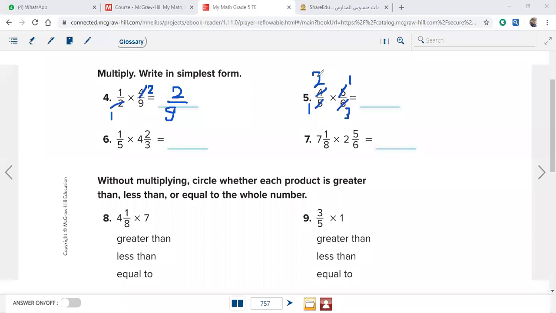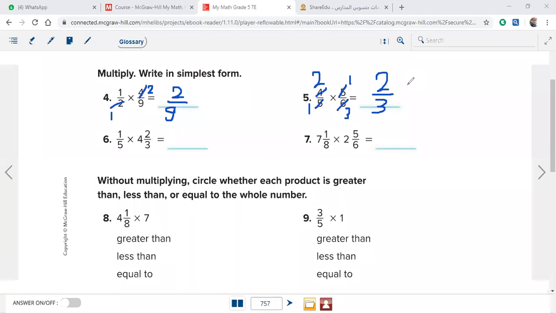So I can now multiply directly. 2 times by 1 equals 2, out of 1 times by 3 equals 3. So the answer will be 2 out of 3.